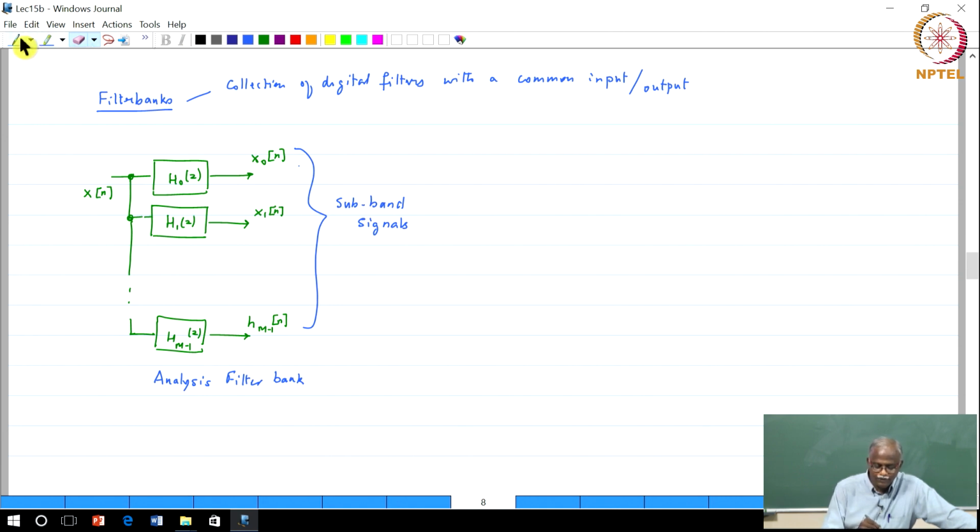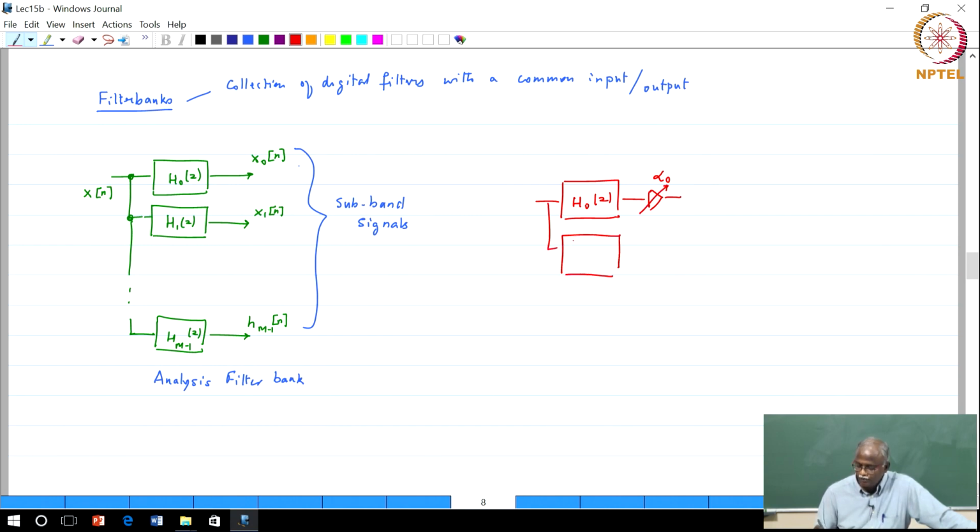Okay, so this is one type, and of course a very common application of this is when you want to play back music and you want to use an equalizer or a graphic equalizer. So basically what you would do is take the low pass signal H0(z), apply a variable gain alpha 0. The same music signal you can pass through mid range filters, call it alpha 1.